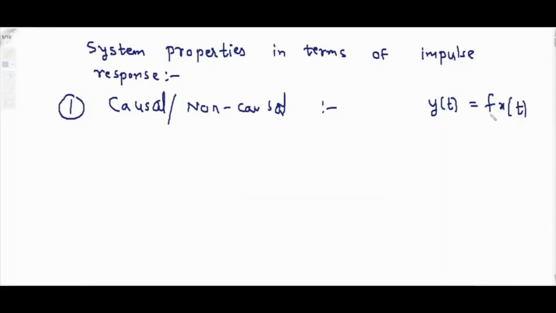But here, to identify whether it is causal or non-causal, we will be provided the impulse response, that means h of t for continuous time or h of n for discrete time. So from the impulse response, we have to tell whether the system is causal or non-causal.